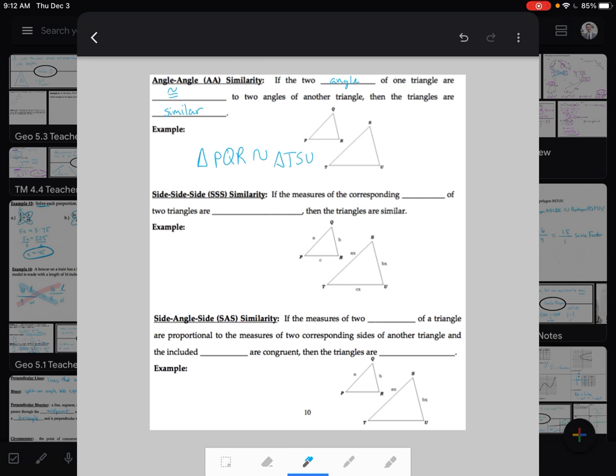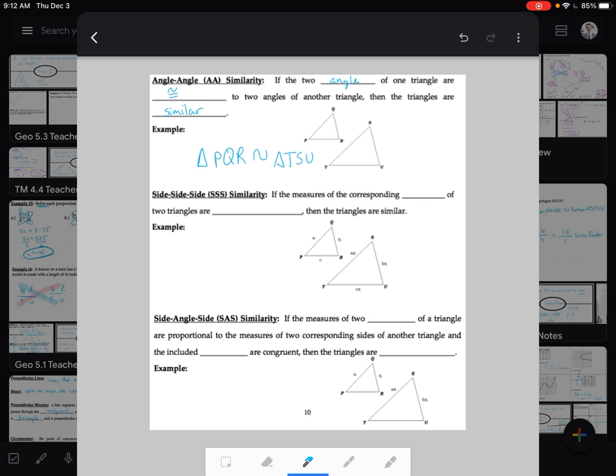All right, keep it going. SSS. Remember before, with SSS, all the sides. We might see some of these things that came out in the past for congruent triangles, but they're going to be a little bit different for similar triangles because we're not saying that they're exactly the same, we're saying that they're proportional. So let's go through this one first.